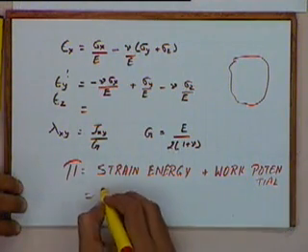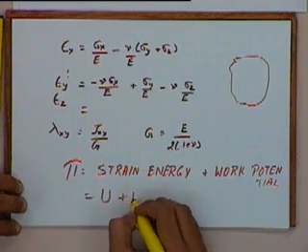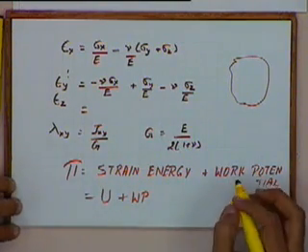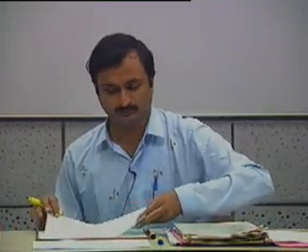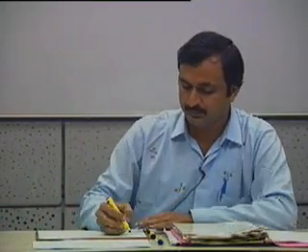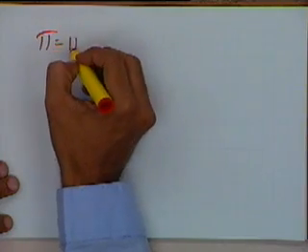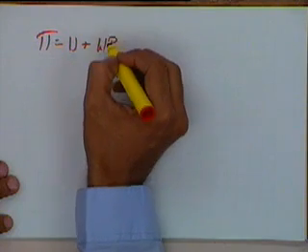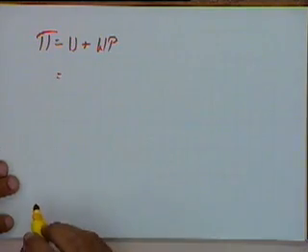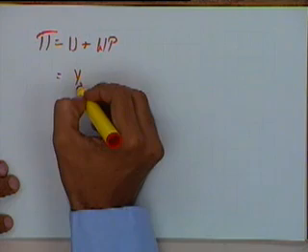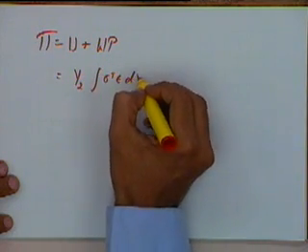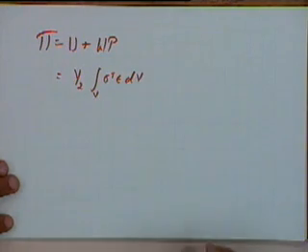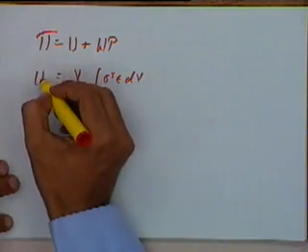The strain energy will use the symbol U, plus the work potential WP. If I say pi is equal to U plus WP, the strain energy would be half of the integral of sigma transpose epsilon dV, a volumetric integral. This is U.